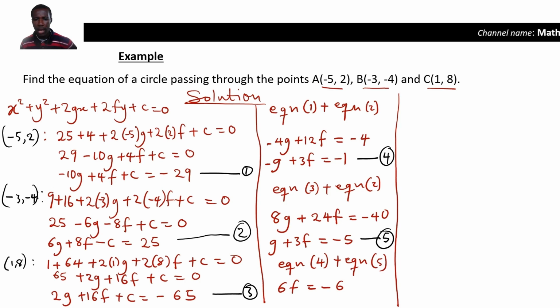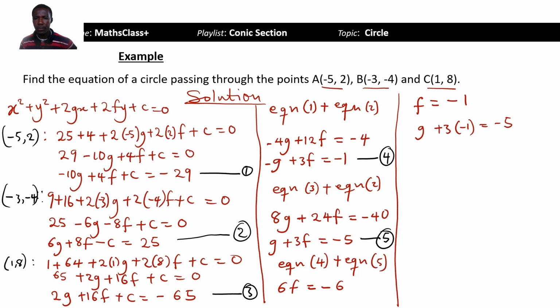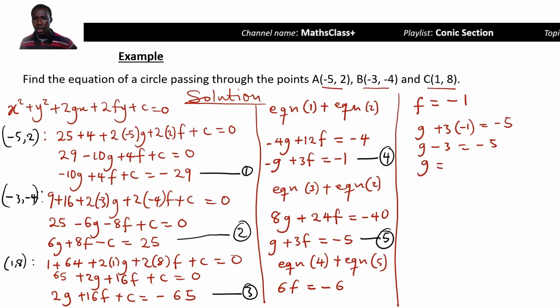That means that my f will be negative 1. Okay, now I'm going to substitute f into equation 5. So I have g plus 3 times negative 1 is equal to negative 5. So I have g minus 3 is equal to minus 5. Then g will be equal to minus 2.